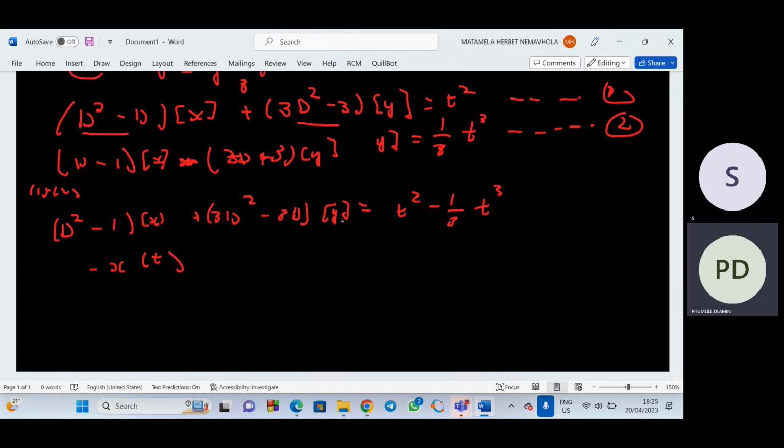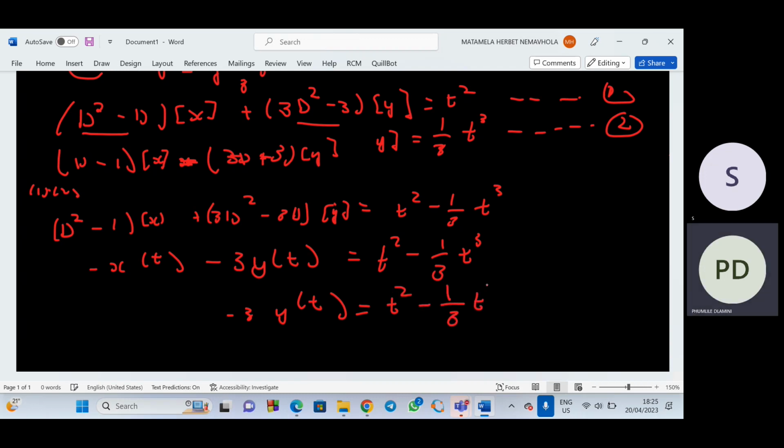Then when we differentiate this y here, it's also going to be 0, but we're going to be left with minus 3y of t, which is equal to t squared minus 1 over 3t cubic. So if we take this x to the other side, your minus 3y of t is going to be equal to t squared minus 1 over 3t cubic plus x of t.